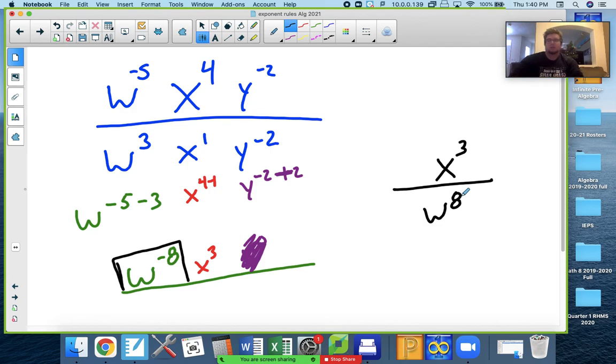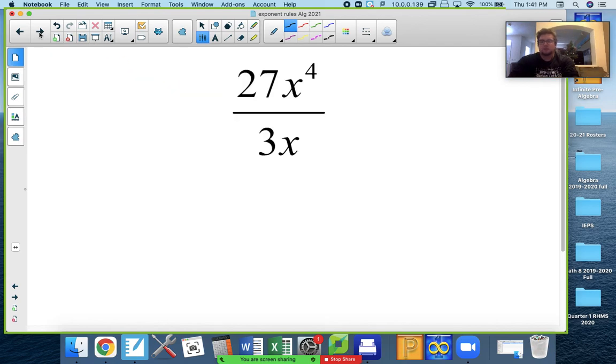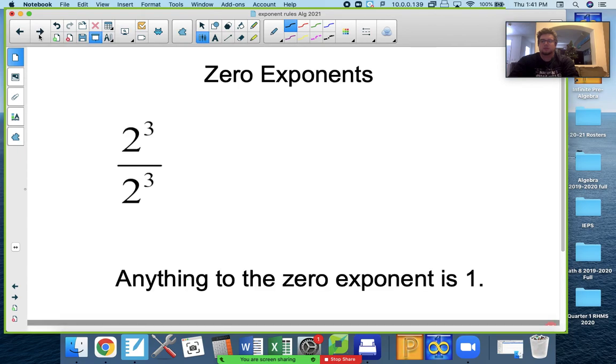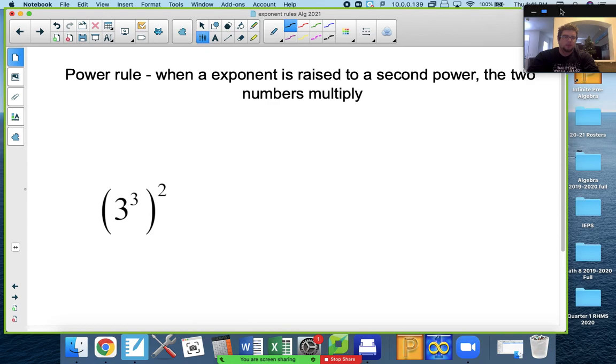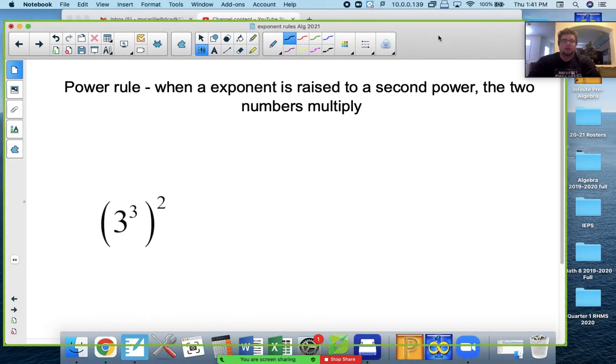And that brings us to our final rule. Final rule being the power rule. The power rule says that when one power is raised to another power, the two numbers end up multiplying. So this 2 multiplies the 3, and we get 6.